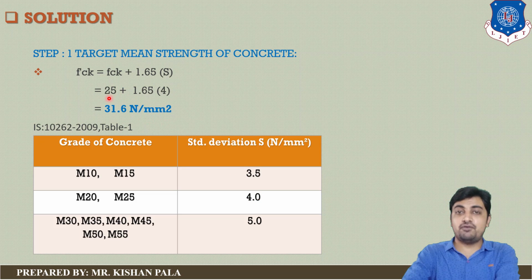It means for the M25 grade of the concrete mass, the target mean strength is equal to 25 plus 1.65 into the standard deviation value, which is 4, and then you can easily calculate 31.6 Newton per mm square of target mean strength of the concrete mass. So this is our first step of the Indian standard mixed design.